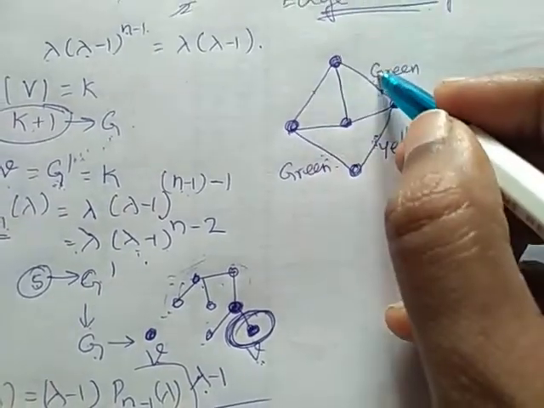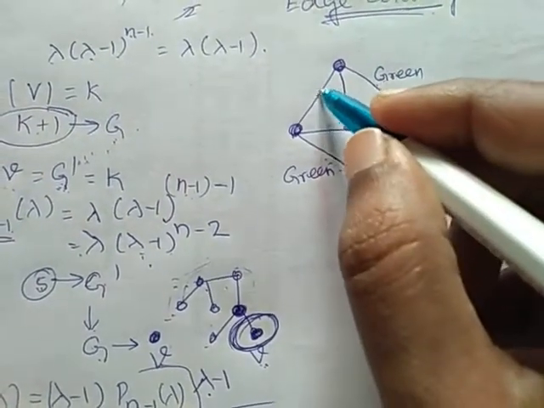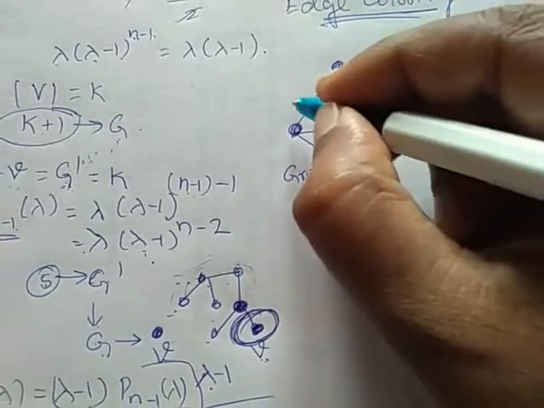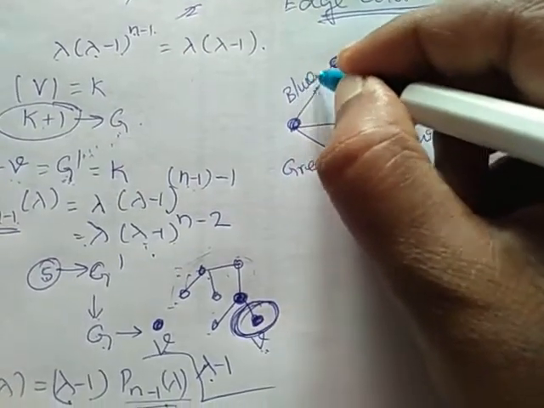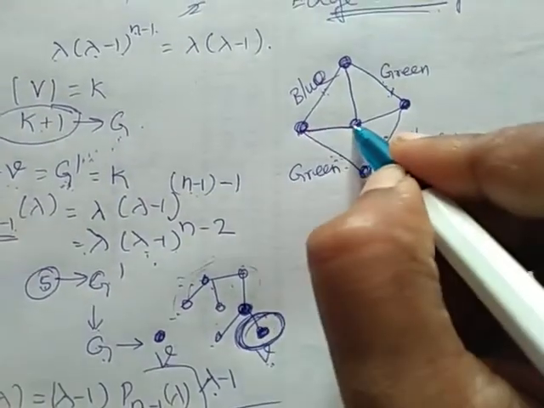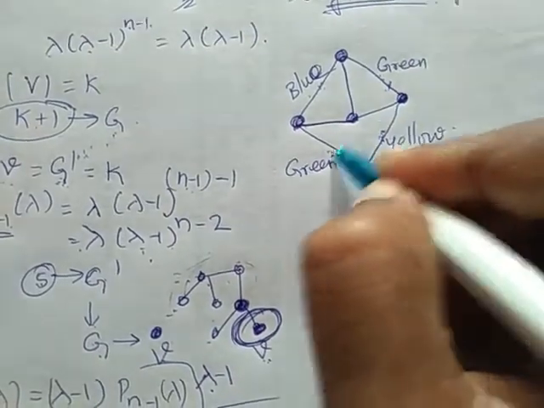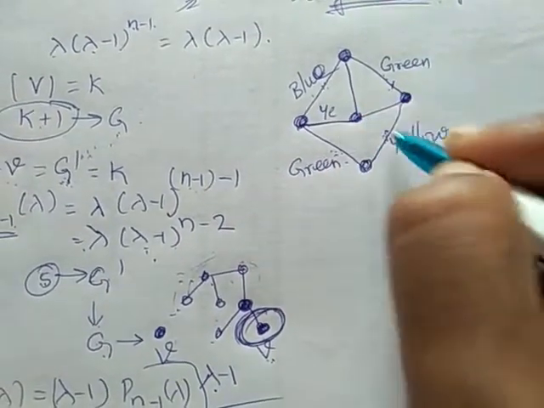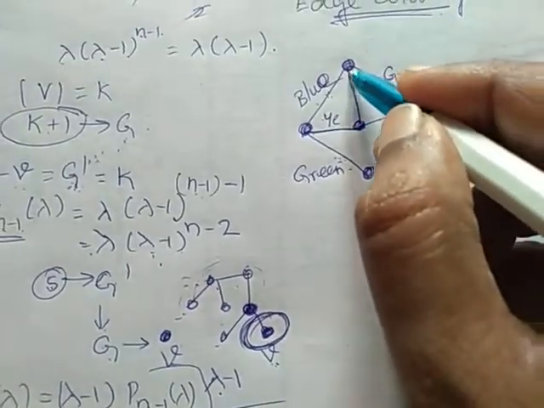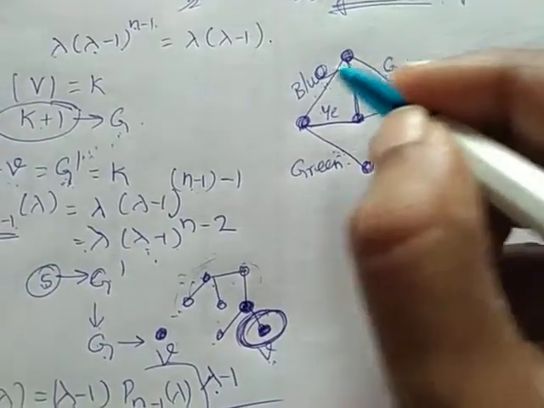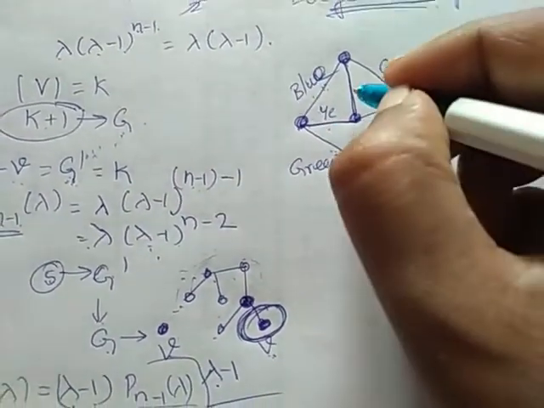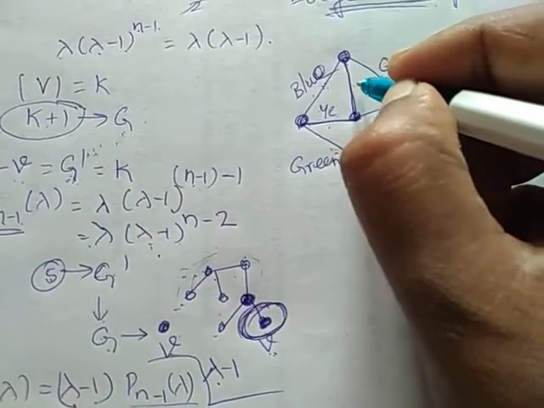Since this edge is adjacent to this, I will choose some other color, blue. This edge is adjacent to blue and green, so I can choose some other color which is yellow. This edge is adjacent to green, blue, yellow, so I will choose some other color, red.